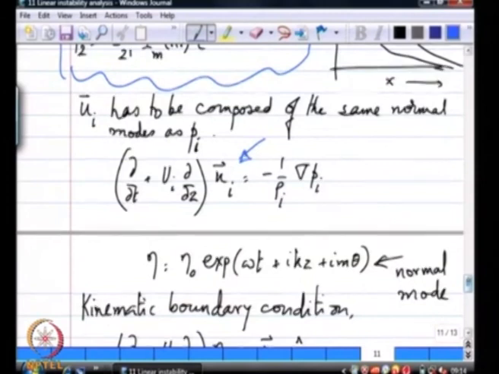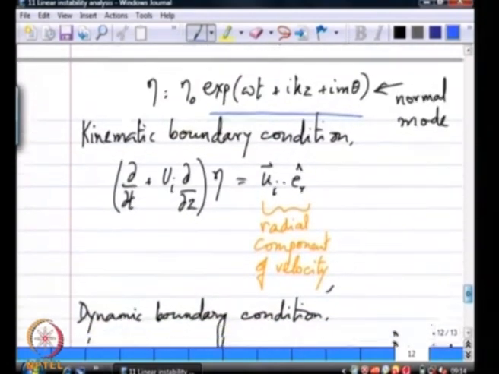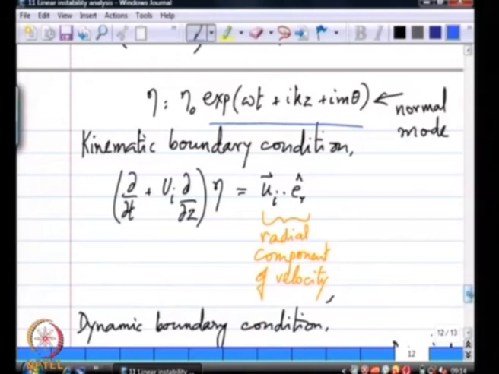We can also find that any surface perturbation, the cylindrical interface perturbation, also has to be of the same eigen mode form. Now we need to formulate a set of boundary conditions to complete this eigenvalue problem.